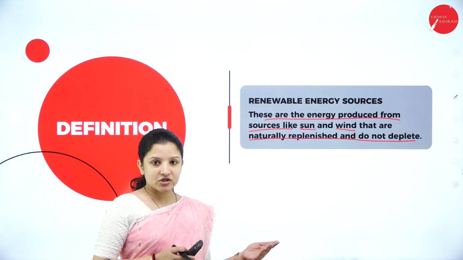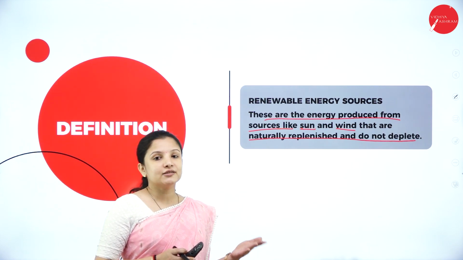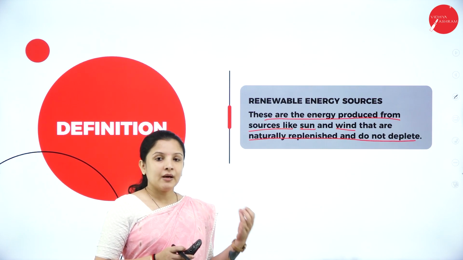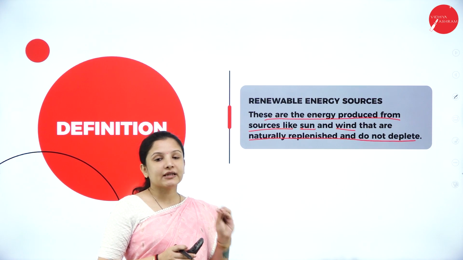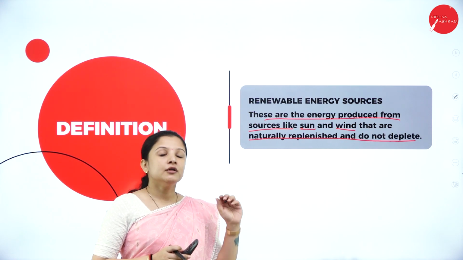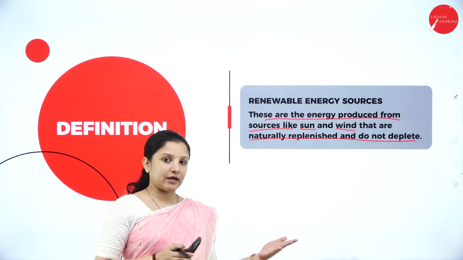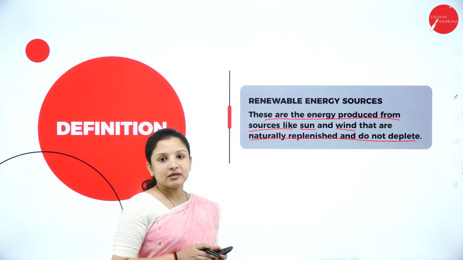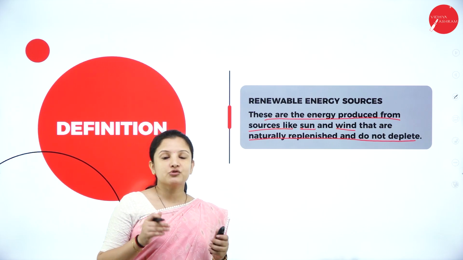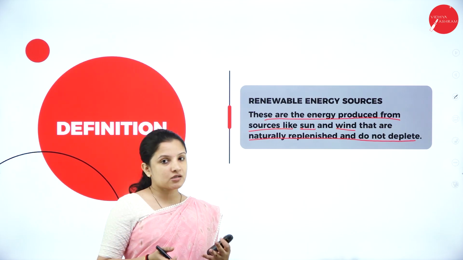Of course, the radiation and the speed or intensity of the wind might reduce, but they are there in the planet for lifelong. They will never get depleted. Therefore, the energy derived from solar energy, that is the sun, and wind energy are renewable energy sources which can be renewed and will never get depleted.